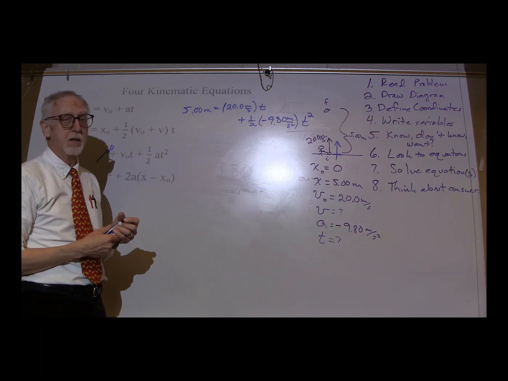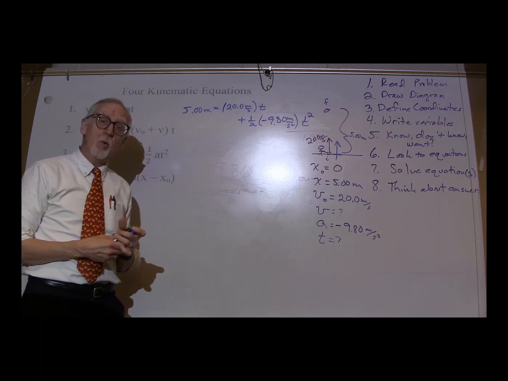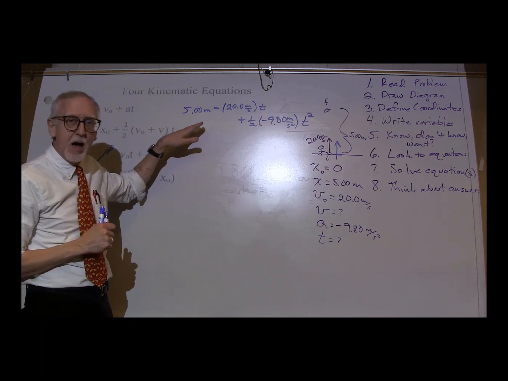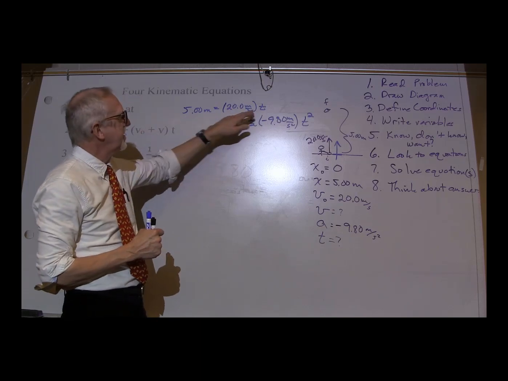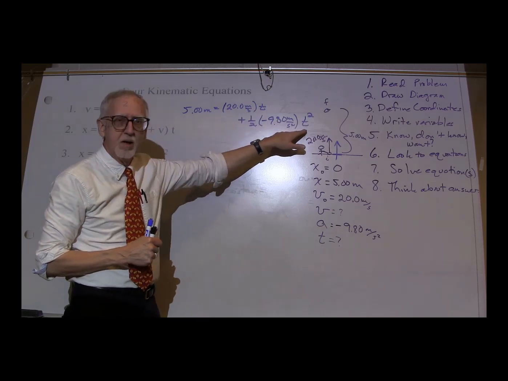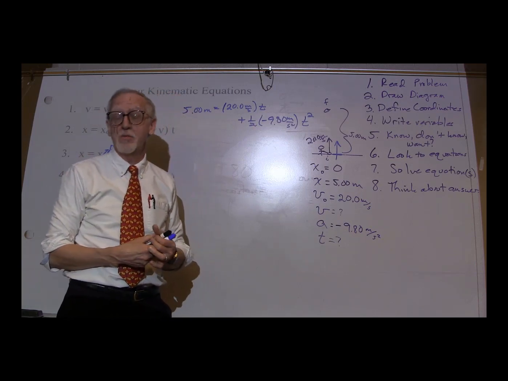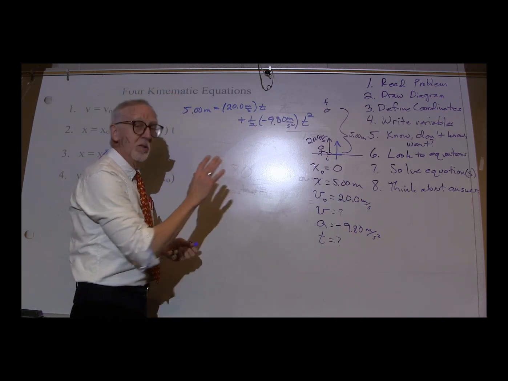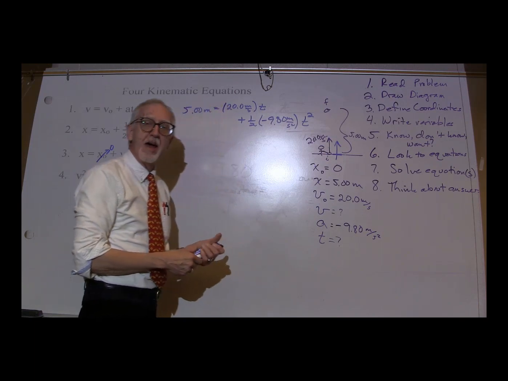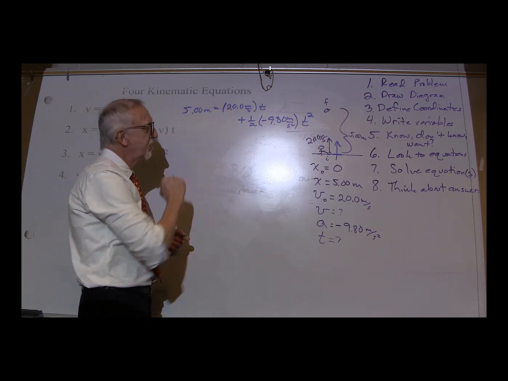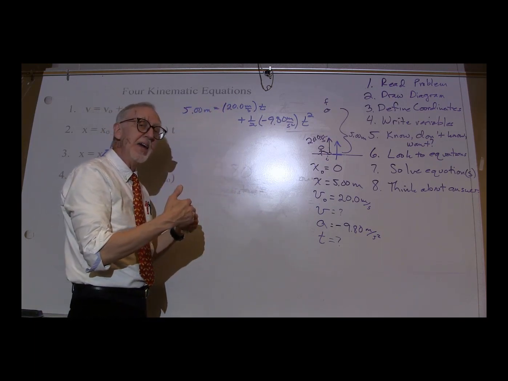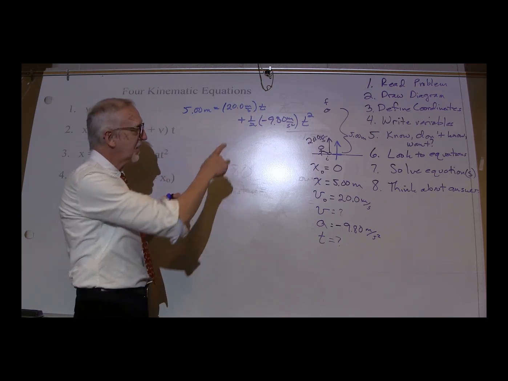Ooh, that's a little tricky. Let me ask you, how are we going to solve this? We've got a t and a t squared and a constant term. We have to solve this using the quadratic equation. Let's put this into standard quadratic equation form, which with the variable t would be a t squared plus b t plus c equals 0. Here a is a constant, not the acceleration.